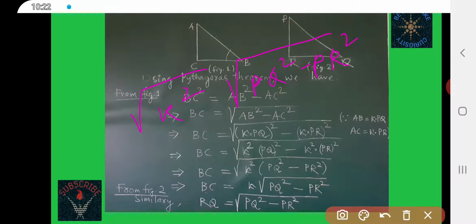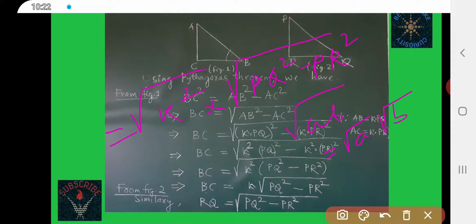As you know, square root of ab, when a and b are both positive, is square root of a into square root of b. So here square root of k square, you know, is k, and then square root of PQ square minus PR square.